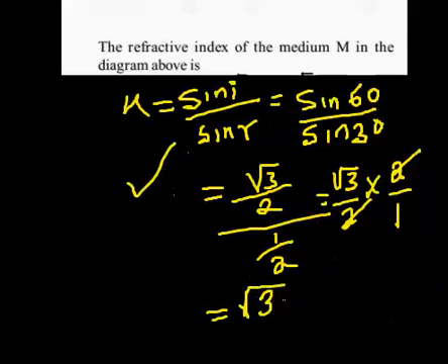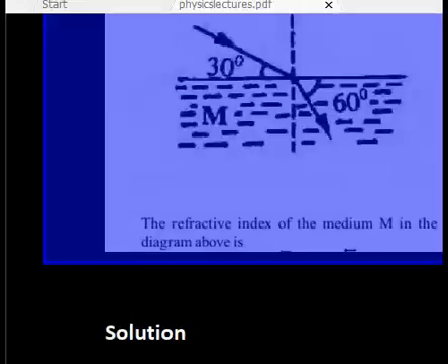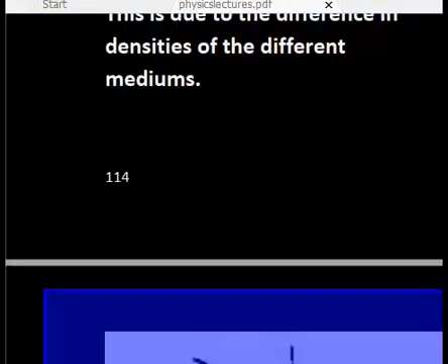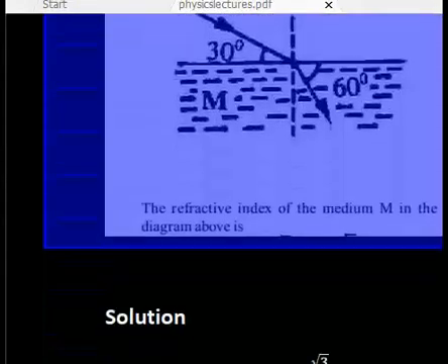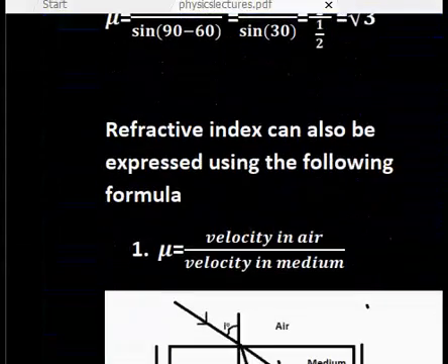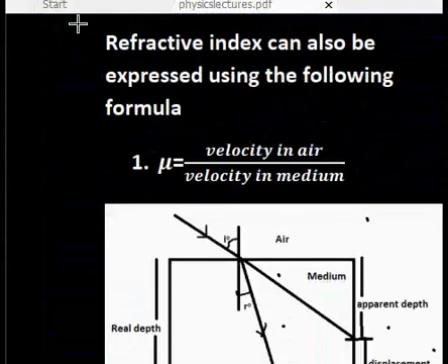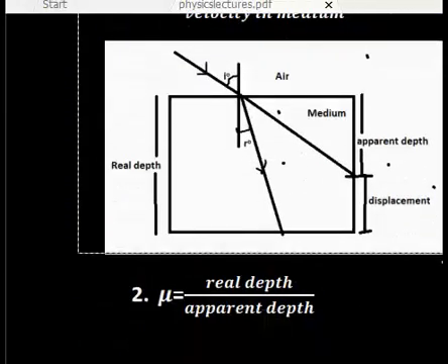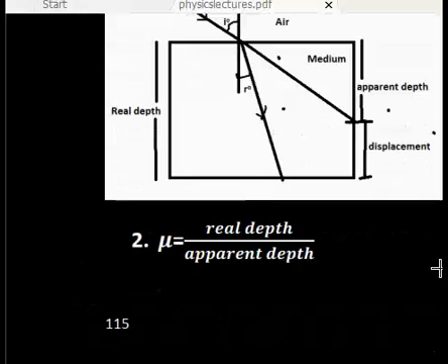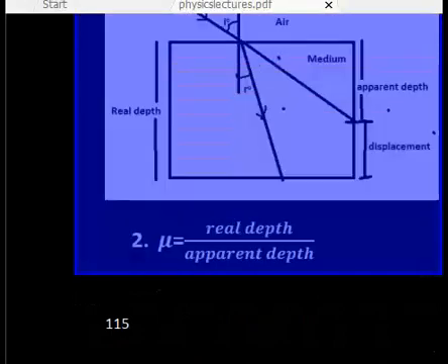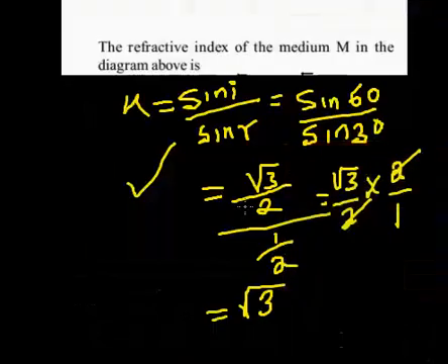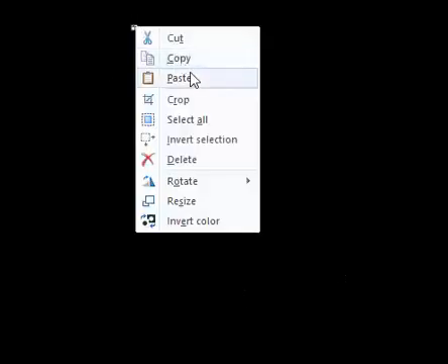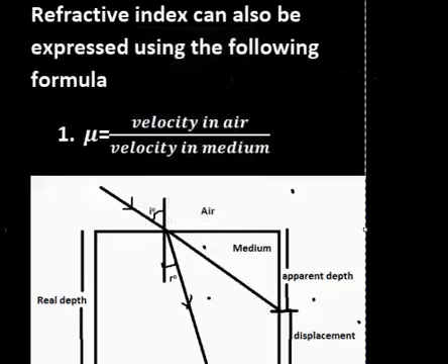Okay, so I proceed. Now we are going to look at another way of determining refractive index. Apart from being expressed in terms of the sine of the angle of incidence and that of refraction, refractive index can also be expressed in a different way.